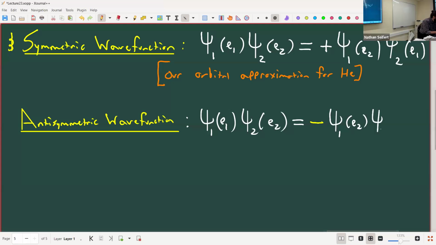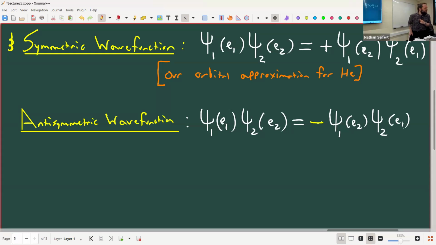It changes sign. It's an odd function upon exchange, if you will. Odd upon exchange versus even upon exchange. This is not what we had before. Before, we just multiplied two functions together, and when you swap the electrons, you get the same functions back. It's even. Very easy. We did not have this property.